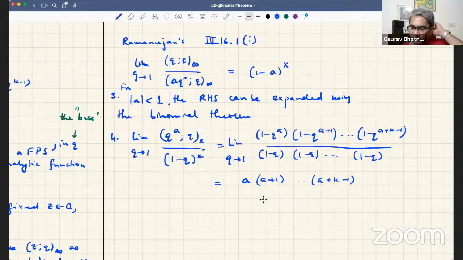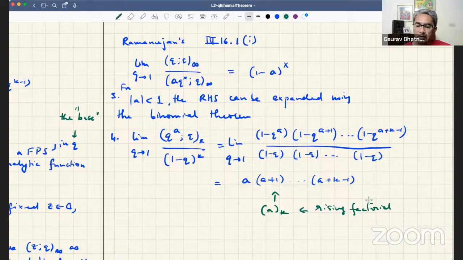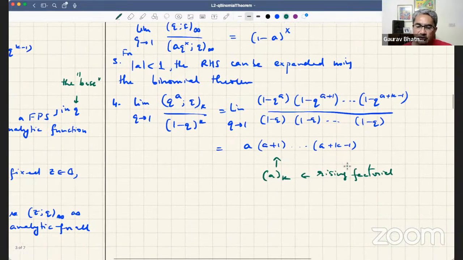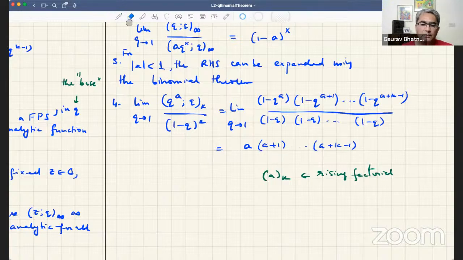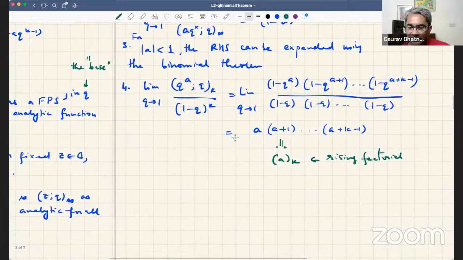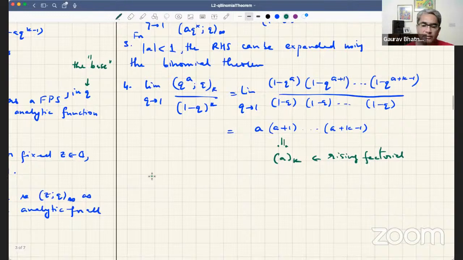This is denoted as (a)_k. This is a rising factorial, and this is the definition. You can define the rising factorial like this. And we note that (1)_k is k factorial.